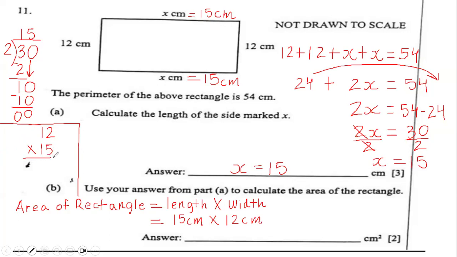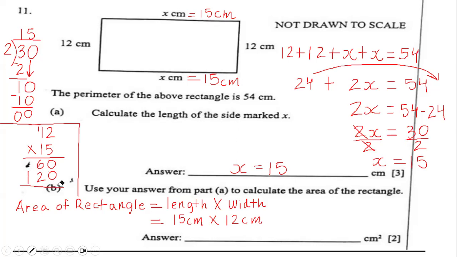So we say 5 times 2 is going to be what? 10. Put the 0 down, put the 1 up. 5 times 1 is 5 plus 1 is 6. Put the 0 down. Then 1 times 2 is 2. 1 times 1 is 1.